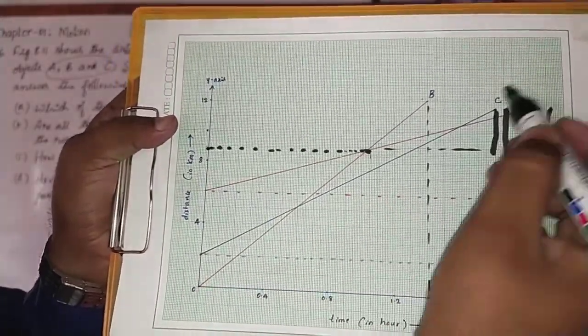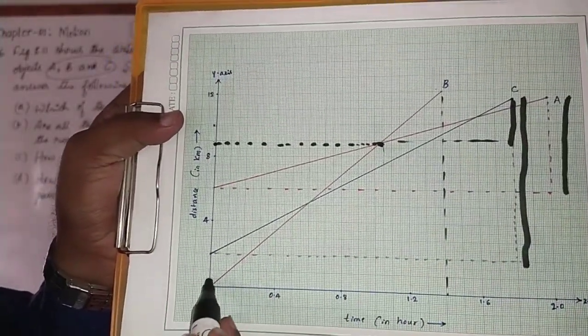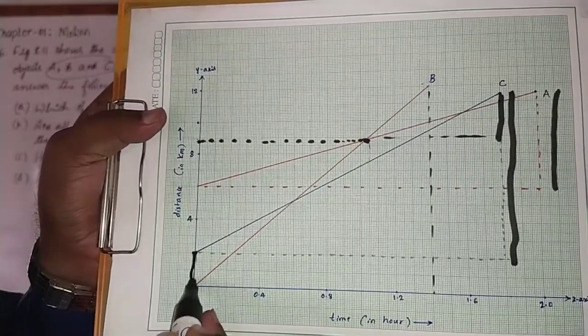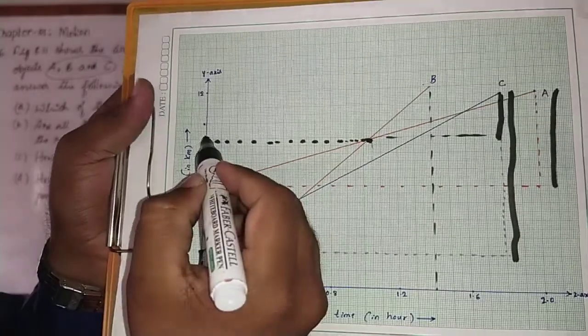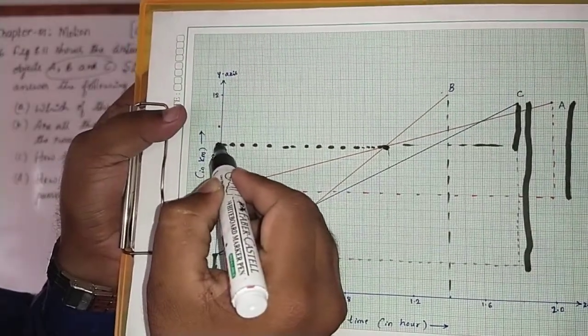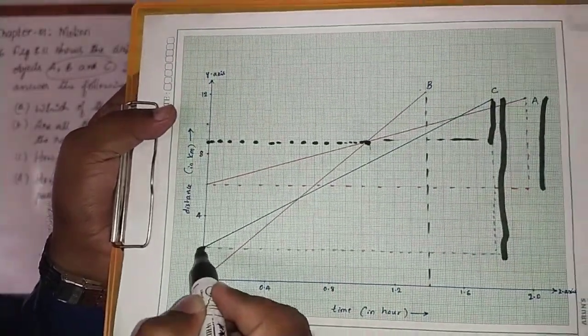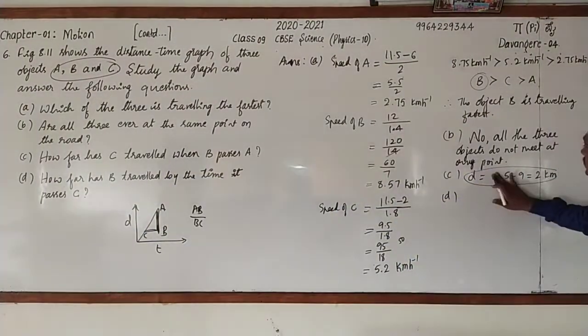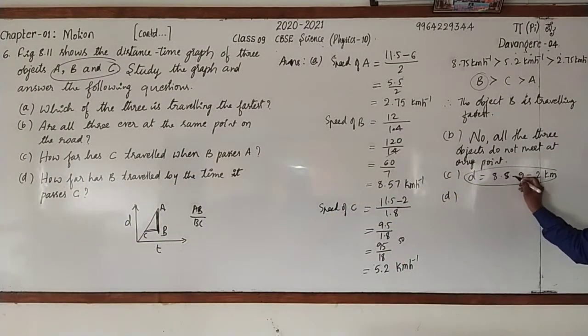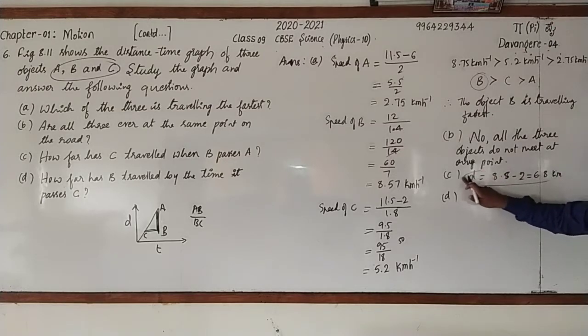How far has C travelled? C has travelled from this point, from here to here, it is 2 kilometer, and the total is 8.8. 8.8 minus 2 is equal to 6.8 kilometer. Hope that you have understood.